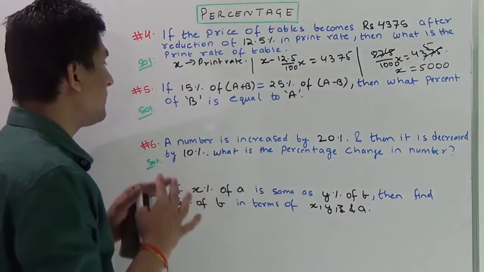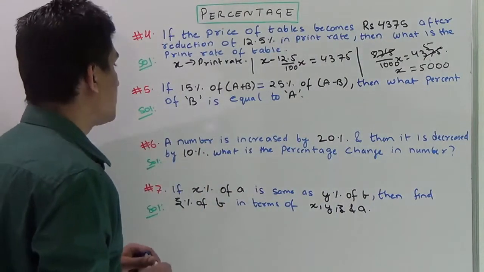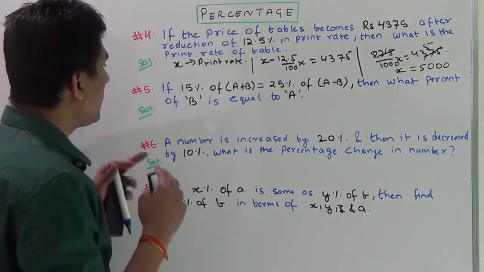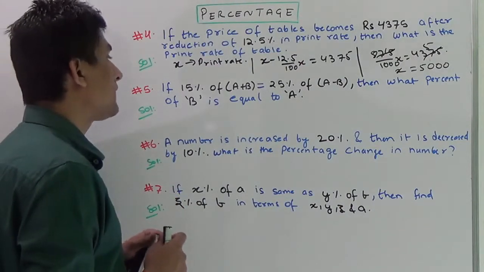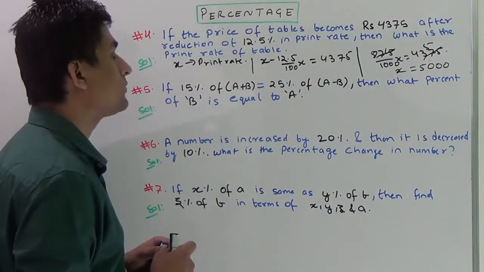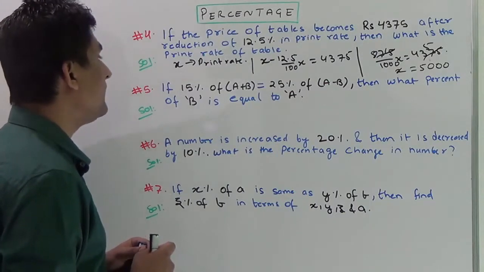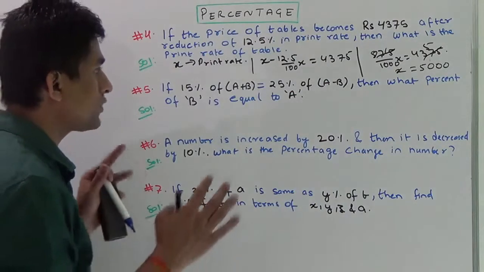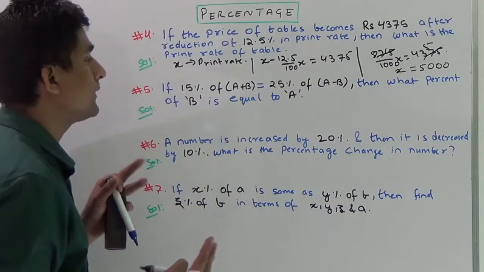So I'm moving to the second question. If 15% of a plus b is equal to 25% of a minus b, then what percent of b is equal to a? This question is just based on a relative concept.